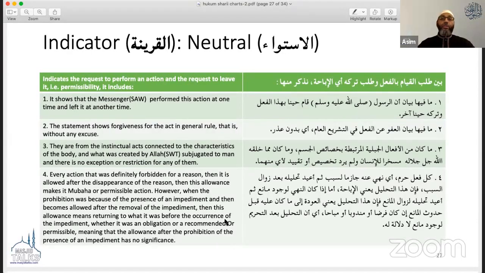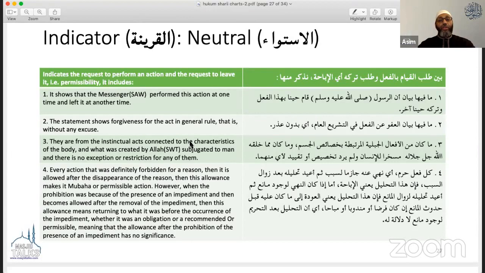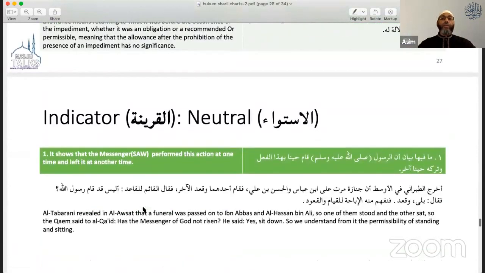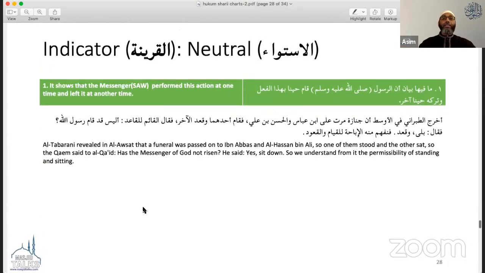So there are four different categories which are mentioned here. First one is, and I'll inshallah just flip through them one by one instead of just reading through these four here. So the first category is the qarina that shows that Rasulullah ﷺ performed an action at one time while he left it at another time. So Rasulullah ﷺ is the one who brought the message of Islam, the message from Allah Azza wa Jal.